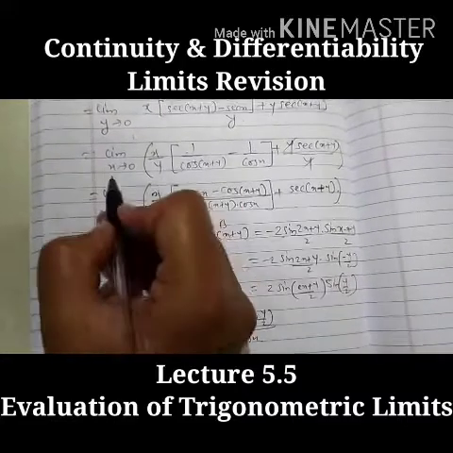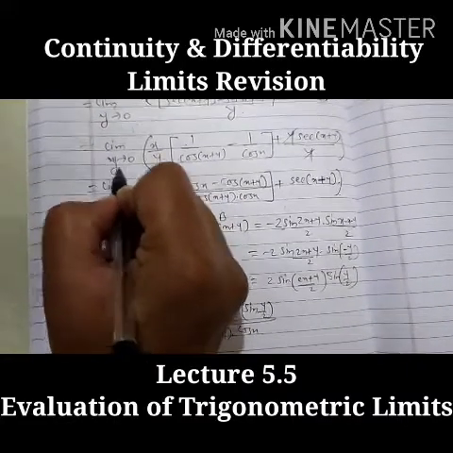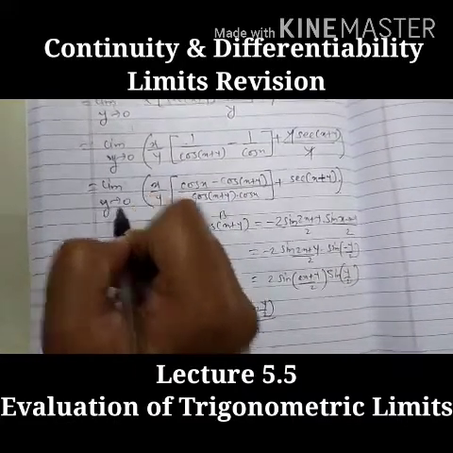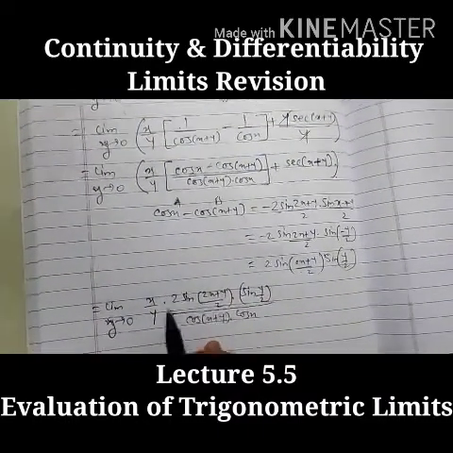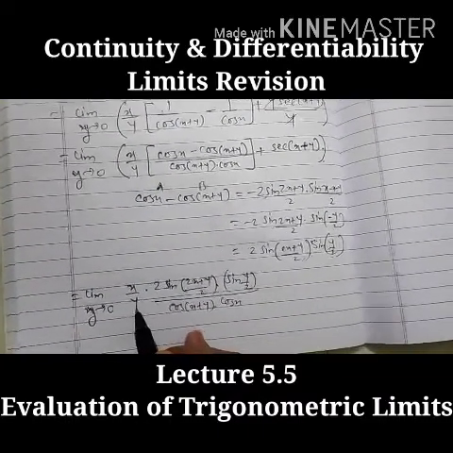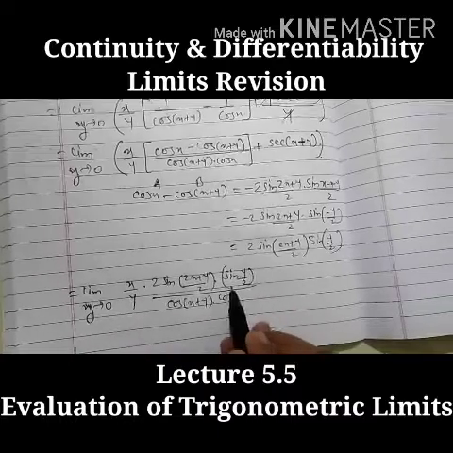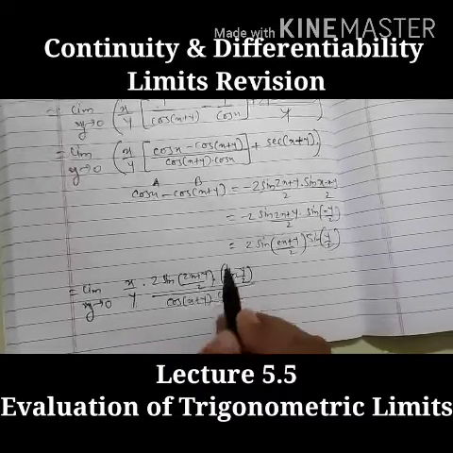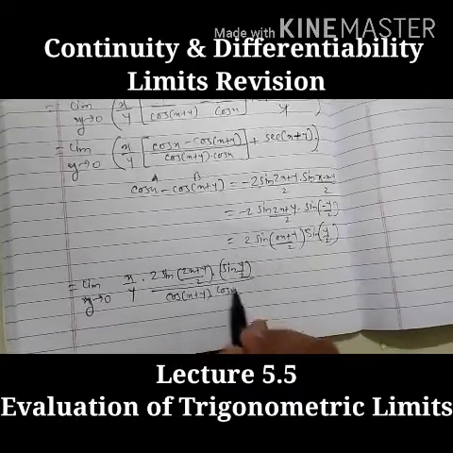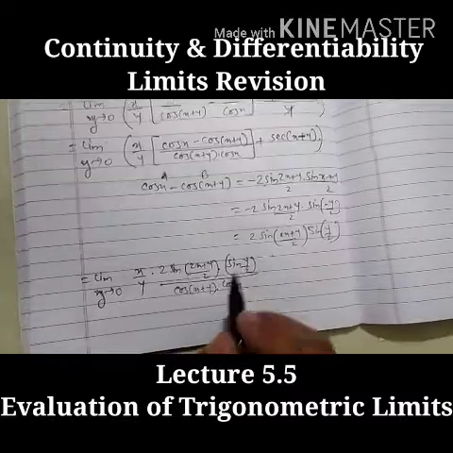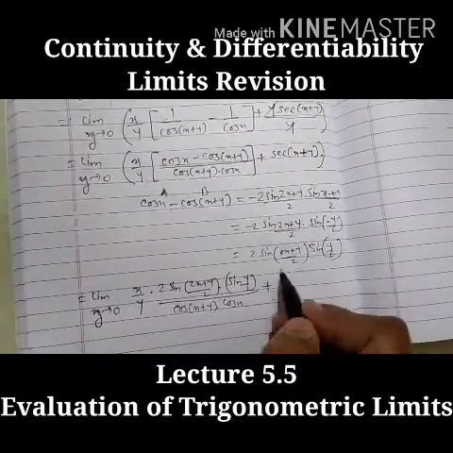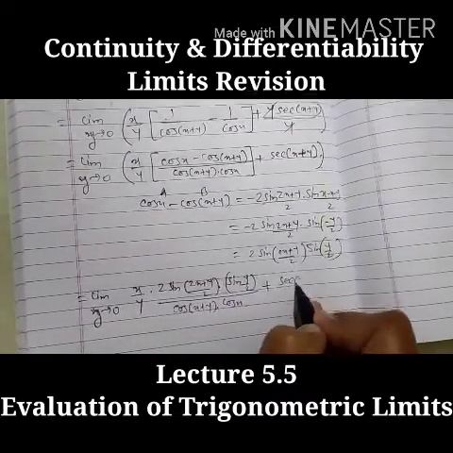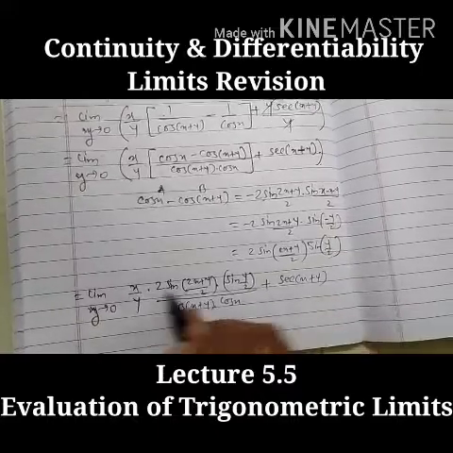Now student, here we have written x tends to 0, it is y tends to 0. Now here 2 upon y is there, so in the denominator, can we write it as y upon 2? So we'll get the same denominator for the angle of this sine. Understood? And one more term is there, plus sec of (x plus y).